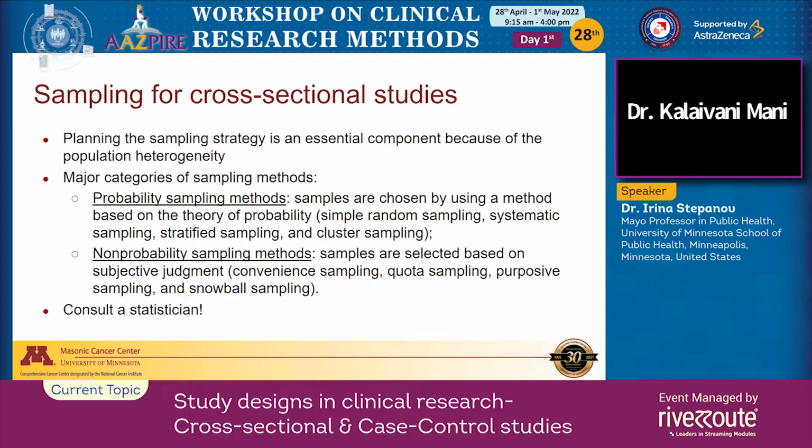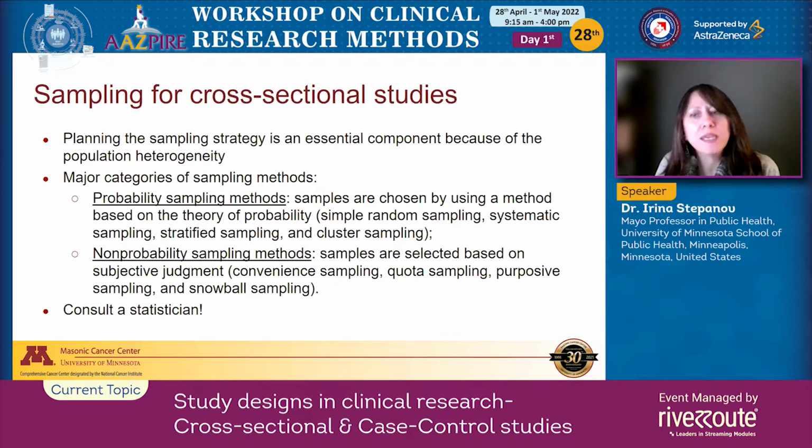All current research is highly multidisciplinary, and you can potentially learn some of the statistics, but it is best to work with a statistician because if the sampling approach is not adequate, then you can conduct a very expensive study, spend a lot of time and resources, and then not really get an adequate and strong answer to the question that you actually had at the beginning when you planned this study.